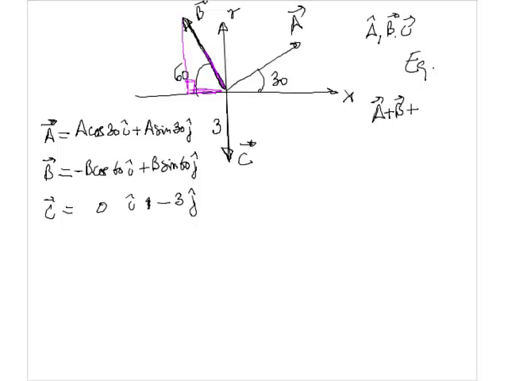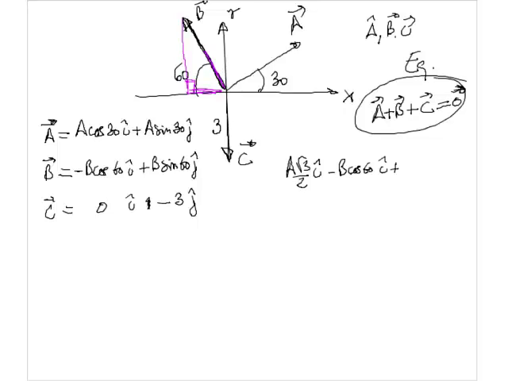As we were trying to find the magnitude of A and B. So as we apply this condition, we know that if we add all those vectors, we better end up with the 0 vector. So it means that A cosine 30, square root of 3 over 2, plus the x component of B, which is minus B cosine 60 i, plus the 0 i of C. If we add all those guys, we know we have the 0 vector.